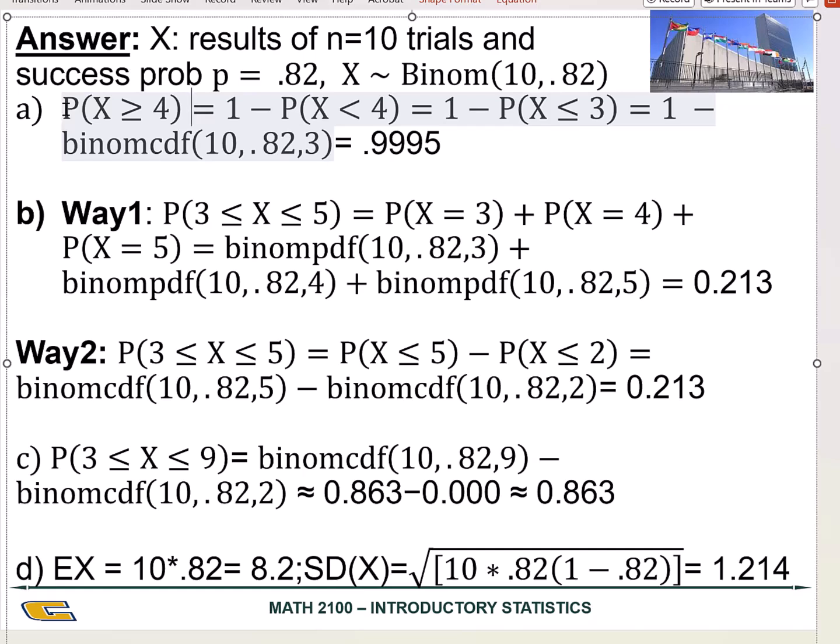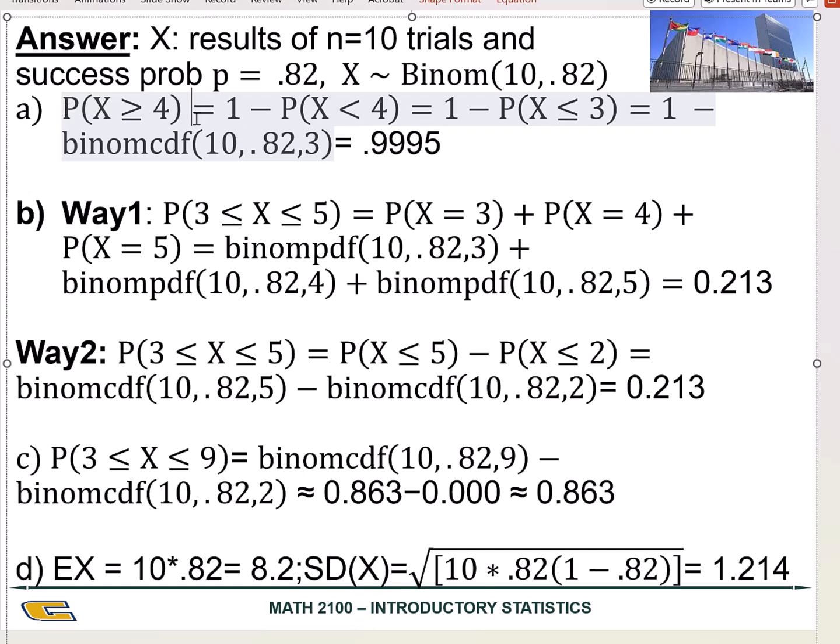For each of them, you do binomial PDF, but that would be very time consuming and not efficient. If you survey maybe 1,000 people, it is not feasible to do that manually.